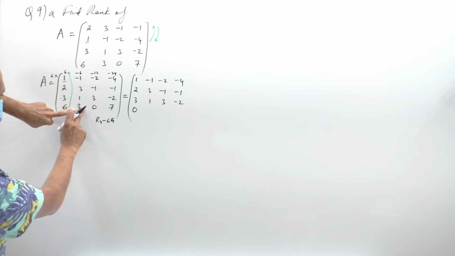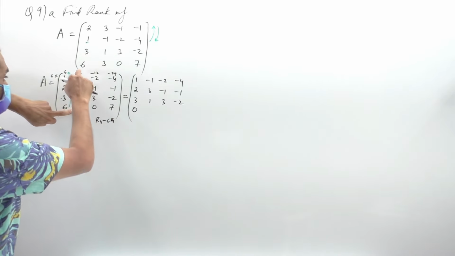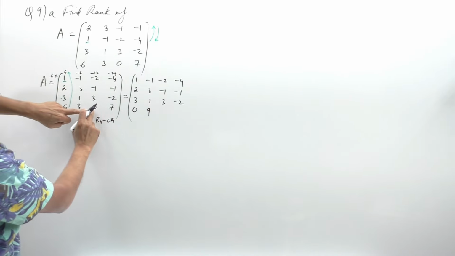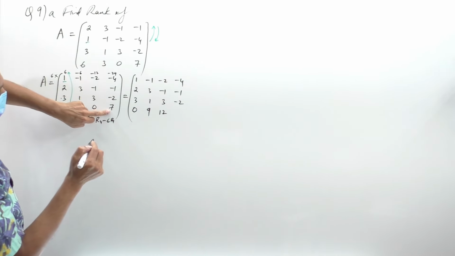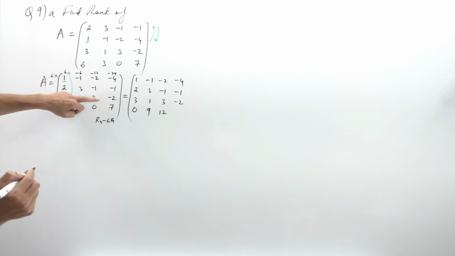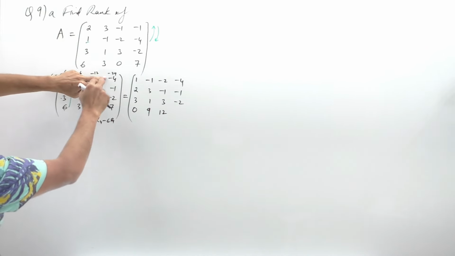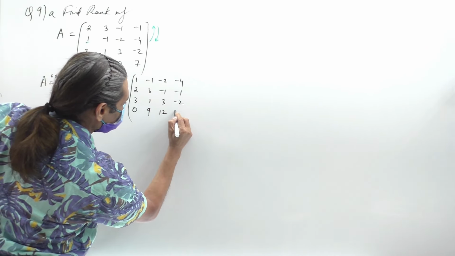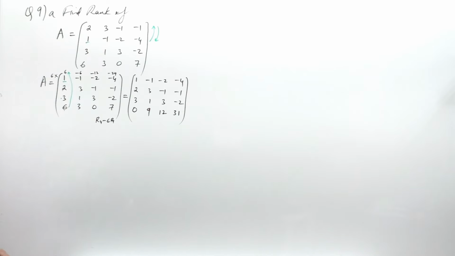Now be careful here. 3 minus of minus 6, the operation is minus, so 3 plus 6 is 9. 0 minus of minus 12 is plus 12. 7, see here carefully, 6 into 4 is 24, right? 7 minus of minus 24 is 31. Done. This is what we get here.